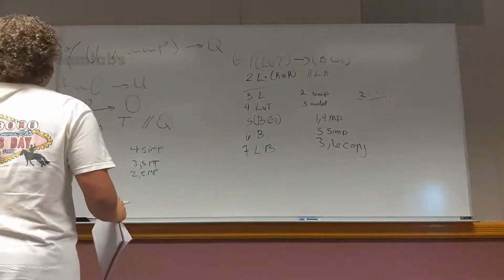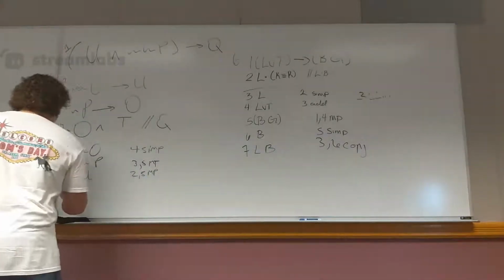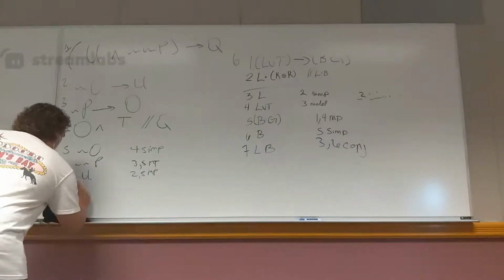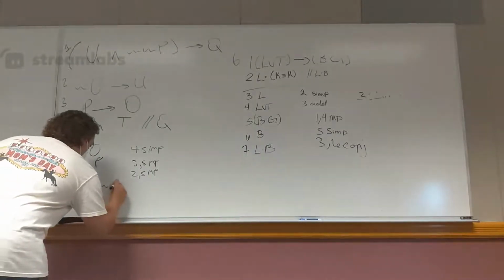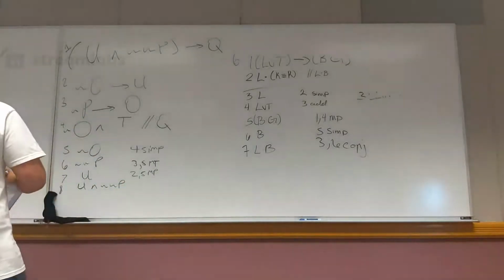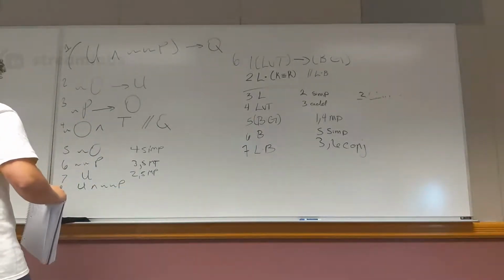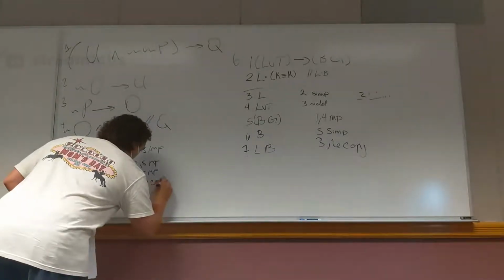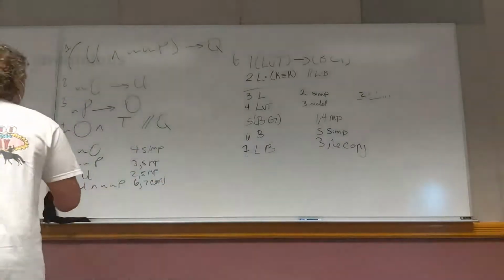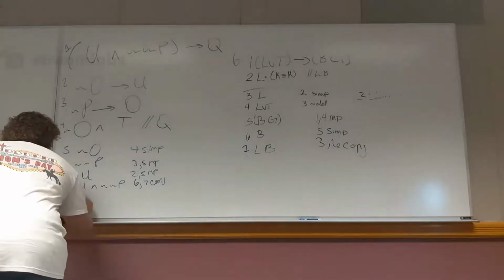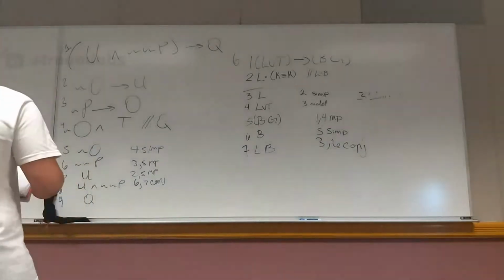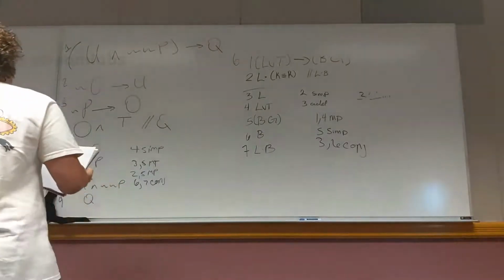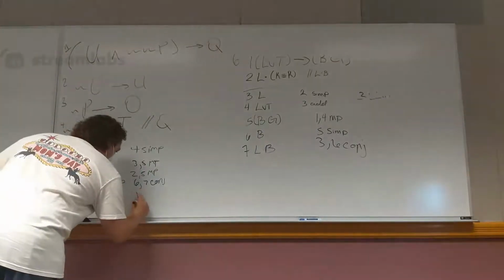And then I combined the U and the not P with conjunction, so it'd be 6, 7. And then I got Q with 1, 8 modus ponens. Good, good.